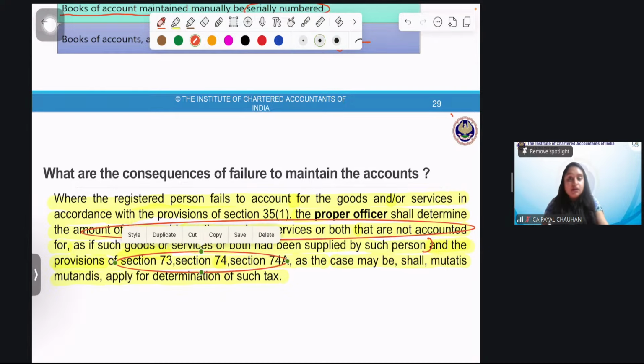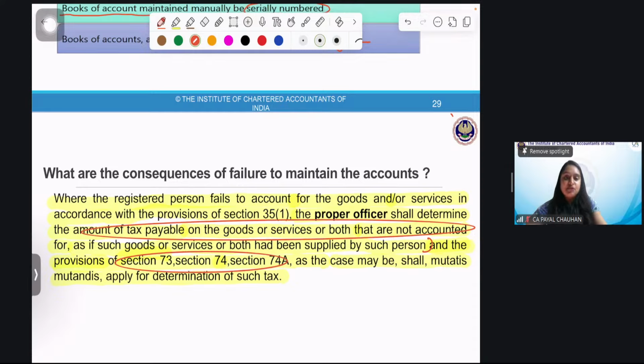No need to learn the sections. Only mentioning the section is in itself complete. Mutatis mutandis means as well as: they shall apply, as well as you have to determine the tax also, as well as sections 73, 74 and 74A will also be applicable.